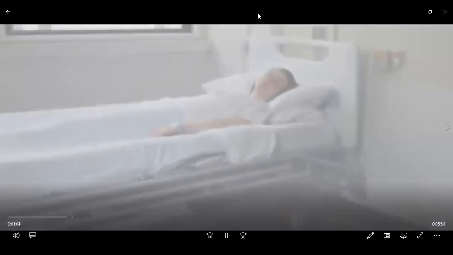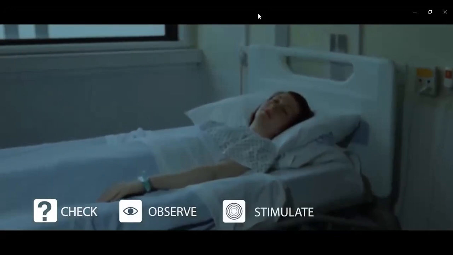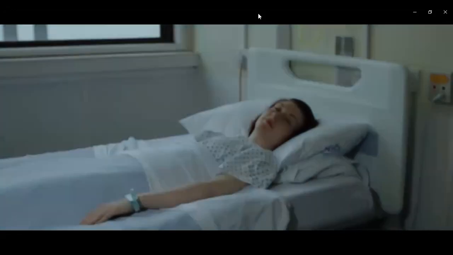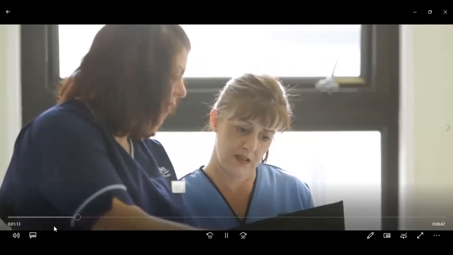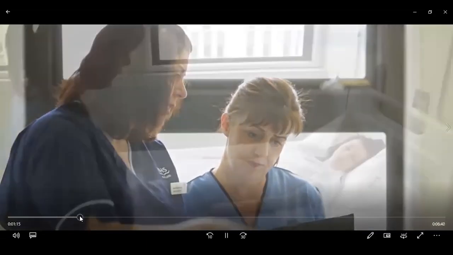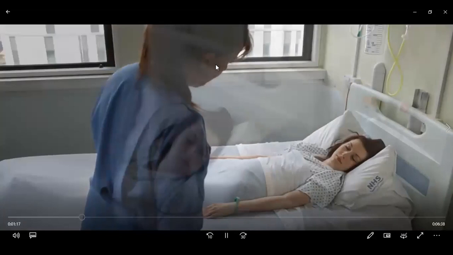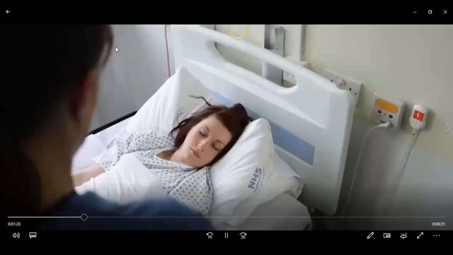When assessing a patient, there are 4 steps: check, observe, stimulate, and rate. The preliminary check is used to identify any factors that might interfere with your assessment. It is important to identify local factors, such as a hearing impairment, that could cause a lack of capacity to respond.